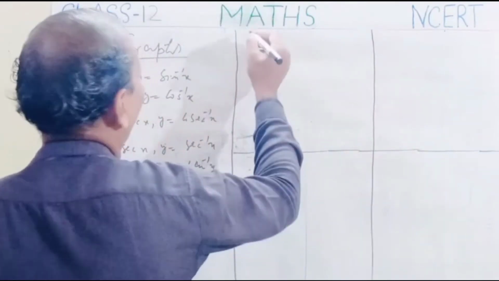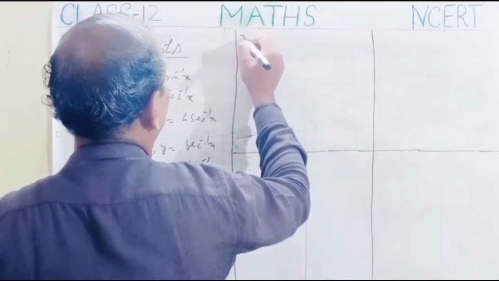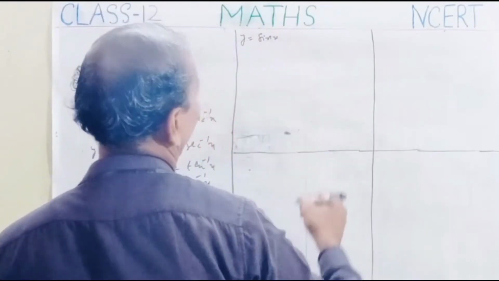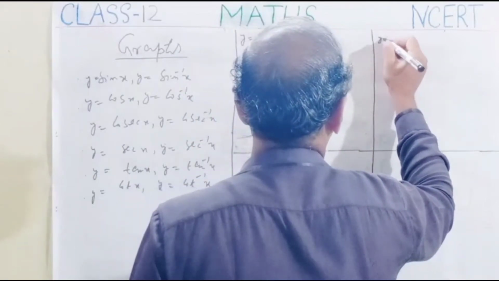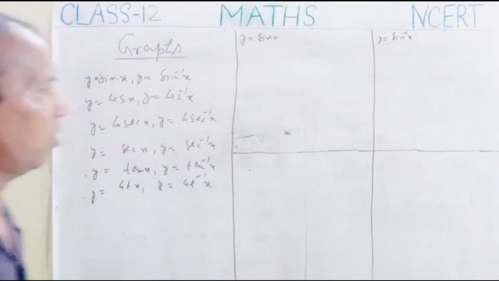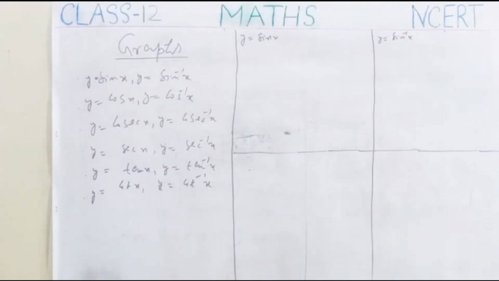I will draw the graph of y is equal to sin x first, and then the graph of y is equal to sin inverse x. Mind it, in the case of inverse, only the coordinate axis changes. X changes into y and y changes into x.